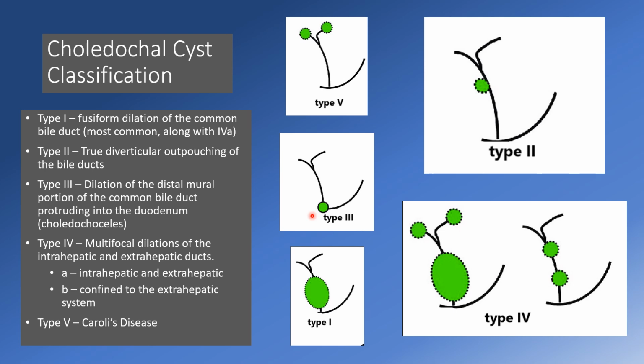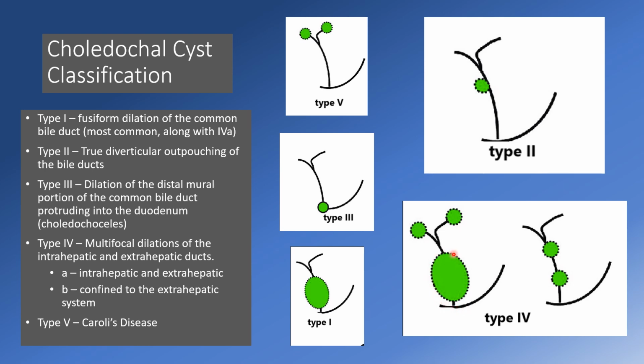Type 4 is when you have more than one. You have multifocal dilations, intrahepatic and extrahepatic. So type 4A, we're going to see intrahepatic and extrahepatic. Type 4B is confined to the extrahepatic system. So type 4A, which is here, remember we said it was the most common secondary to type 1.